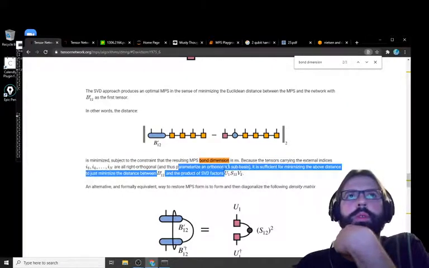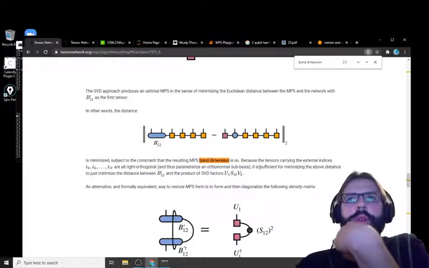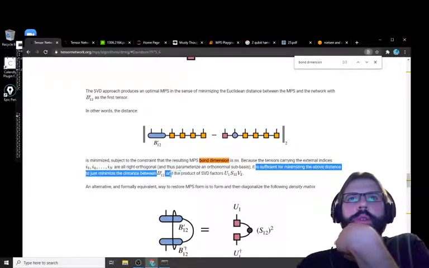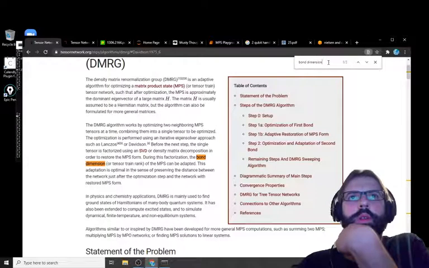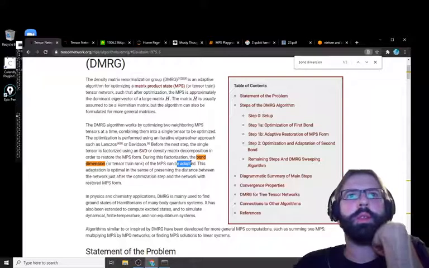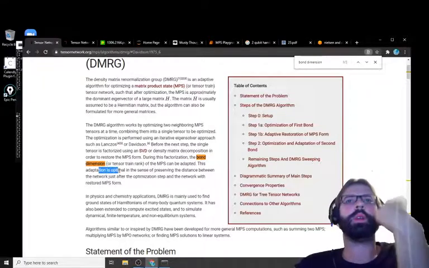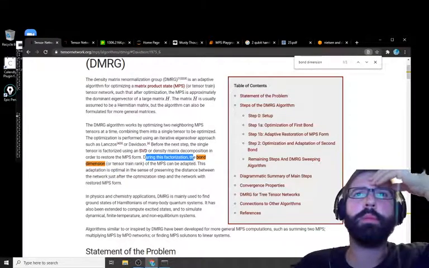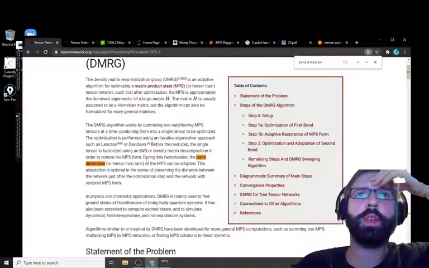This merged. The bond dimension can be adapted. This adaptation is optimal. So the bond dimension, that's something else you can adapt.